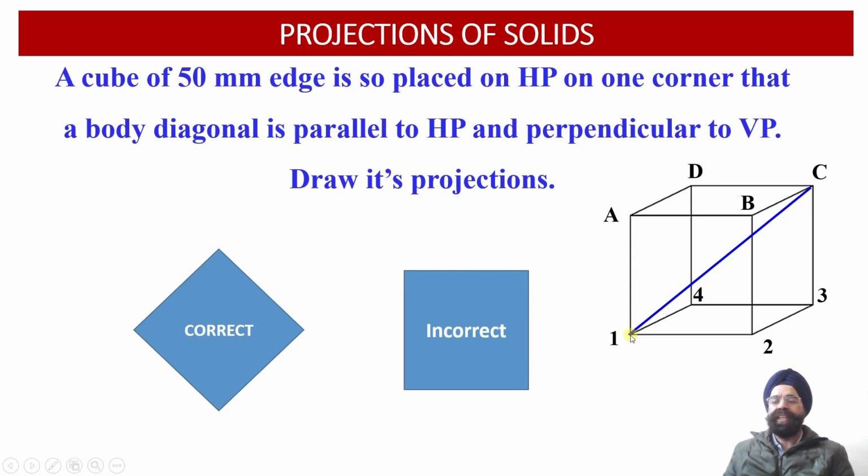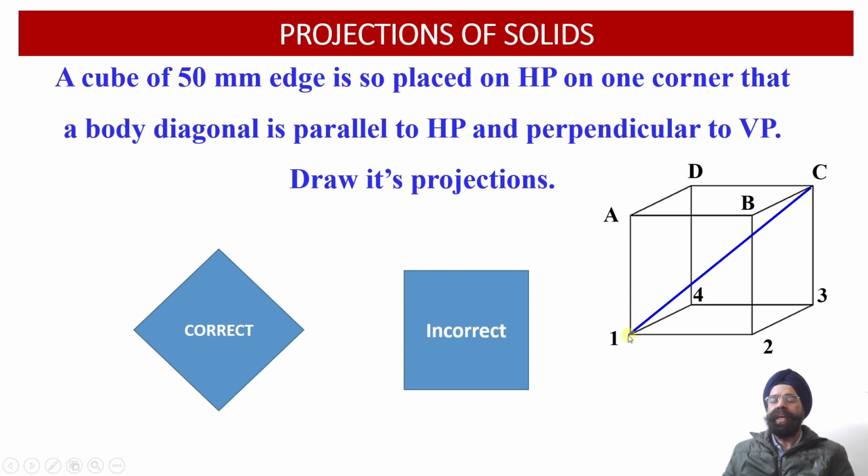So if we have this cube available over here, this is one of the corners of the cube on one side on the base, and if we join it with the opposite point C over here, which is on the top face of this particular cube, so once we join points 1 and C, this gives us the dimension or length of the body diagonal over here, right?